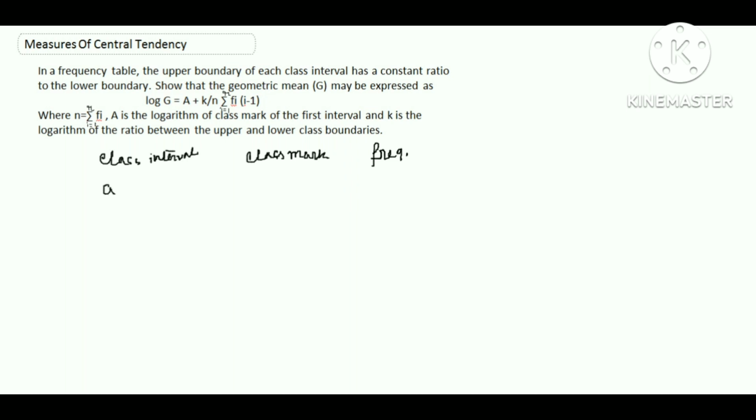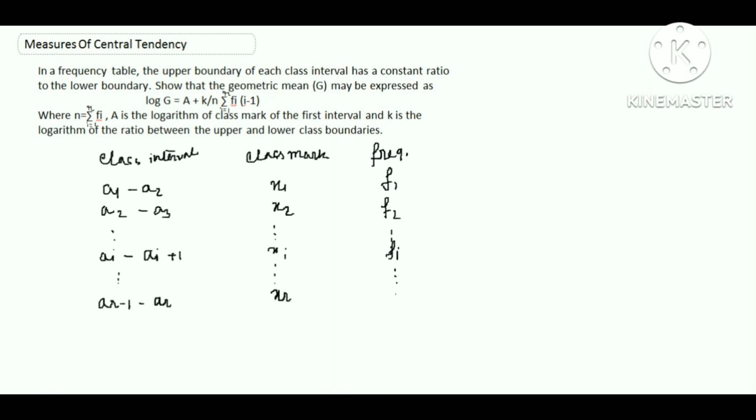The class intervals are A1 to A2, A2 to A3, A_i to A_(i+1), and the last row is A_(r-1) to A_r, and the corresponding class marks are the middle points of the class intervals. So the class marks are x1, x2, x_i, x_r, and the corresponding frequencies are f1, f2, f_i, and the last frequency is f_r. We are given that the summation of these frequencies is small n, equals summation of f_i, where the summation is over i from 1 to r.